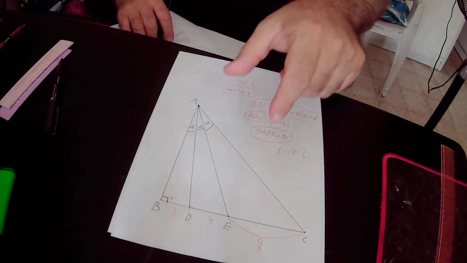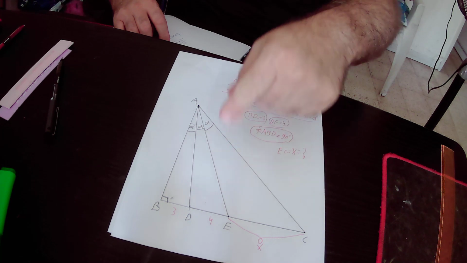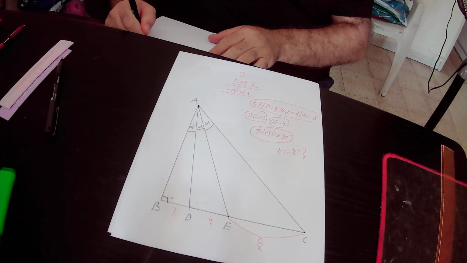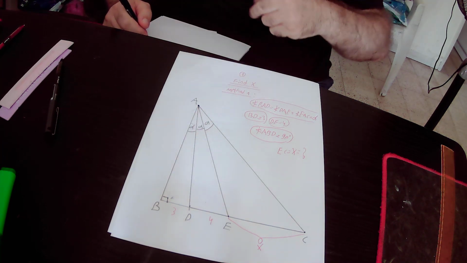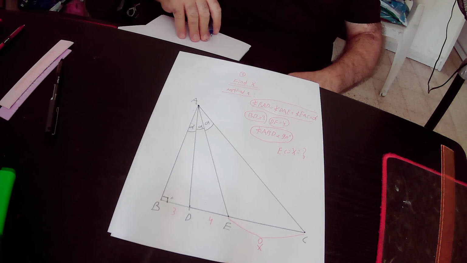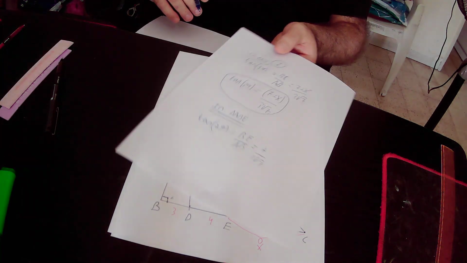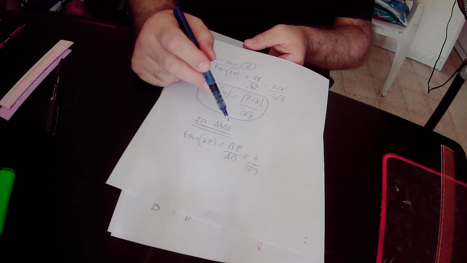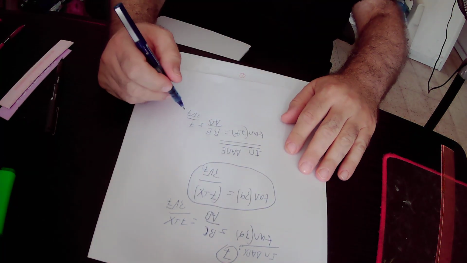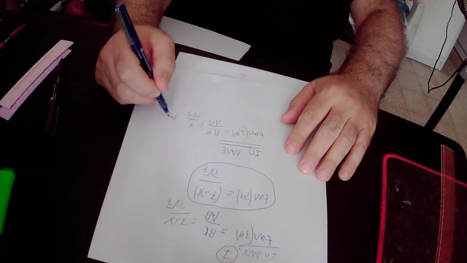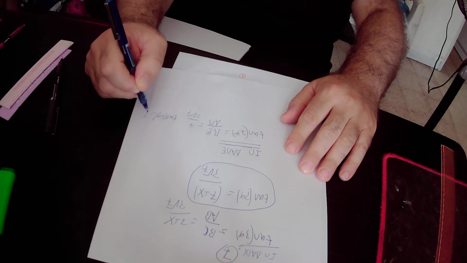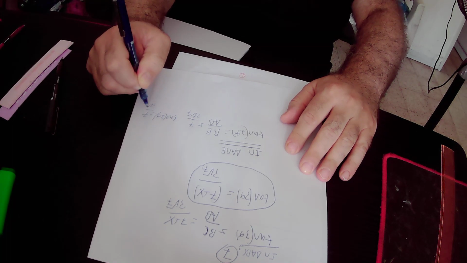But what is the value of BE? BE equals to 3 plus 4. That is to say BE equals to 7. And we have already found out that AB equals to 3 times root 7. So we found out that the value of tangent 2 alpha equals to 7 over 3 times root 7. So I will write it down. Tangent 2 alpha equals to 7 over 3 times root 7.